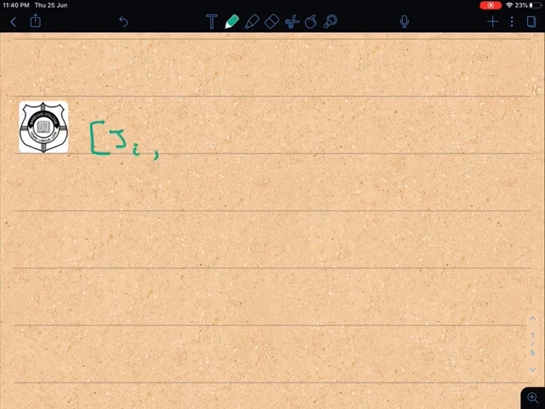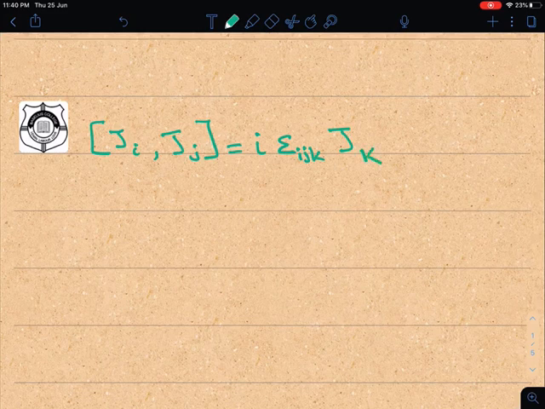It is nothing but the commutator [Ji, Jj] = iħ epsilon ijk Jk, and you know epsilon ijk is the Levi-Civita tensor. It is equal to 1 when i, j, k are an even permutation, -1 when they are an odd permutation, and 0 when any two indices are the same.